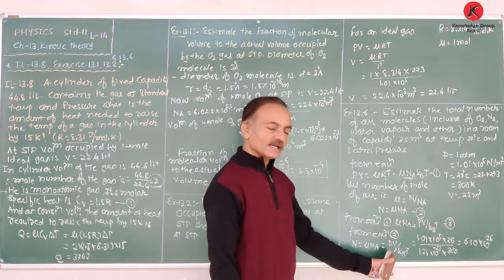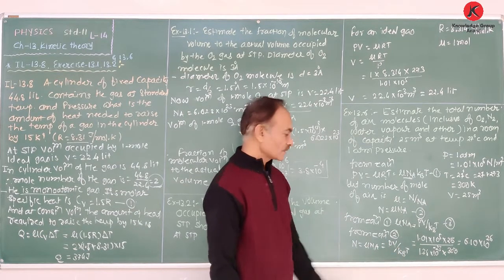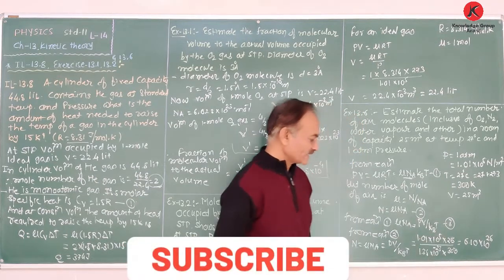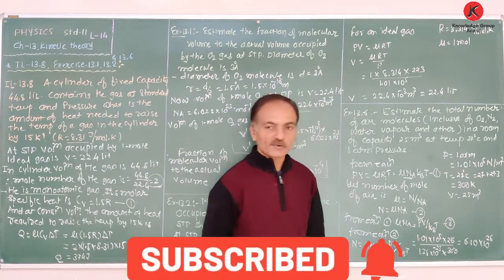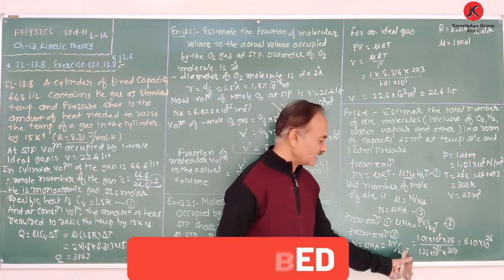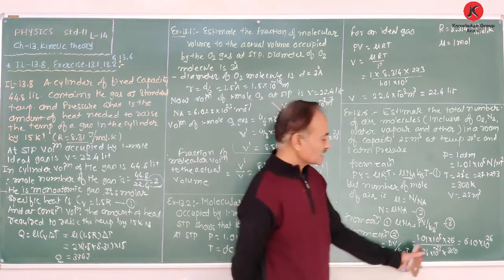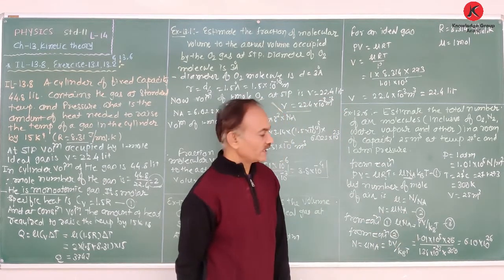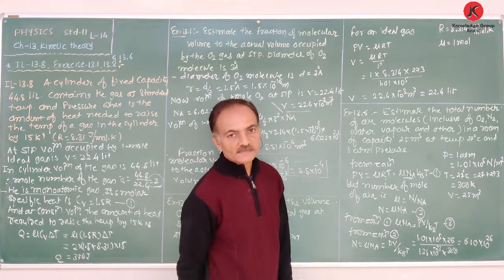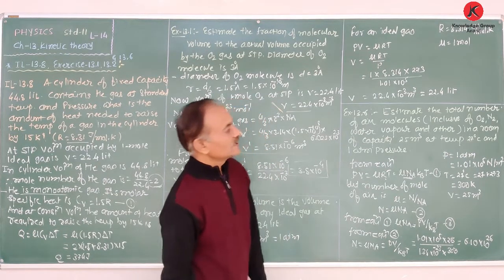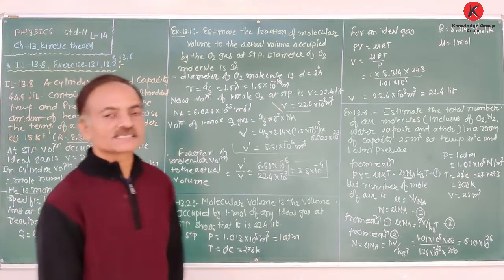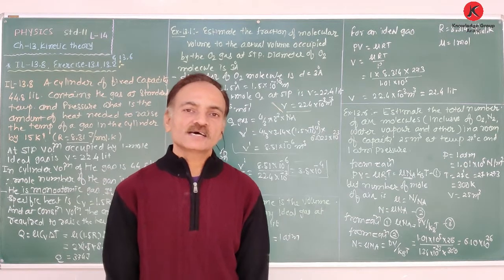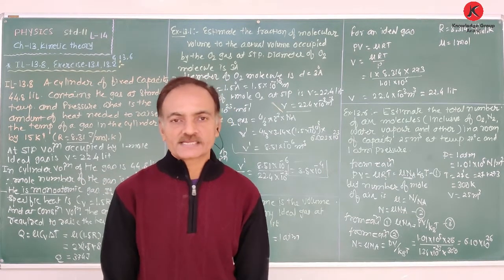Substitute the values: pressure 1.01 into 10 to the power 5, volume 25 meter cube, Boltzmann constant 1.38 into 10 to the power minus 23, temperature 300. Thus we obtain the number of molecules in the given room is 6.1 into 10 to the power 26. Clear this? Okay. So very easy numerical. Most of the numericals depend on the equation of state PV is equal to mu RT and also the equation of the specific heat, molar specific heat.